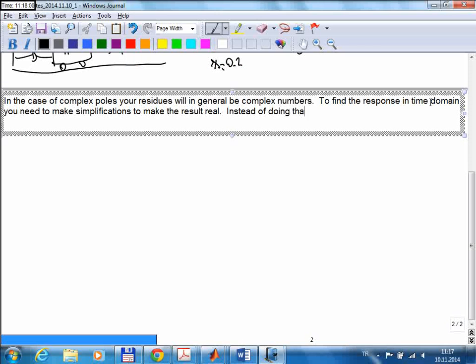Instead of doing that, you can leave the complex pole pairs as second order terms in the expansion as follows.